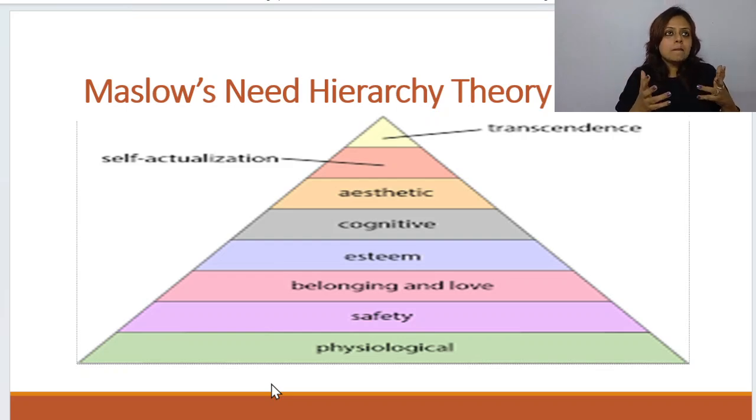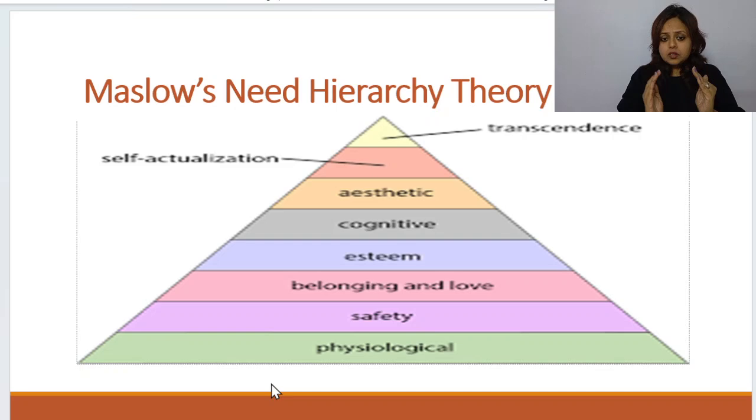A very good example of a transcendence need can be when an individual is engaged in a certain spiritual activity which is helping others, or an individual is trying to connect others with spirituality that would help them to serve a better purpose, or that would help those individuals to develop themselves more. So that is what the transcendence need is.